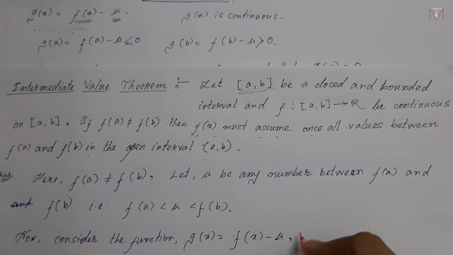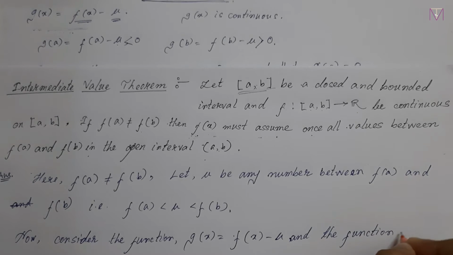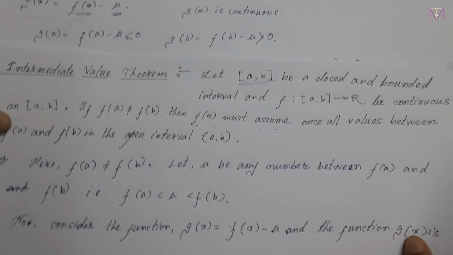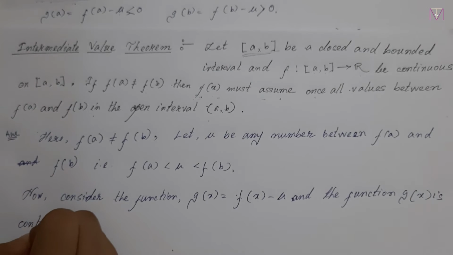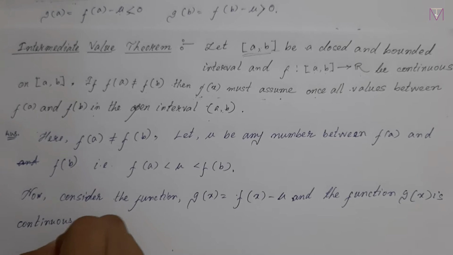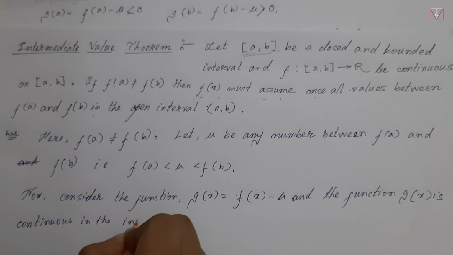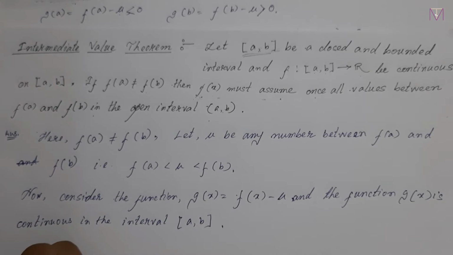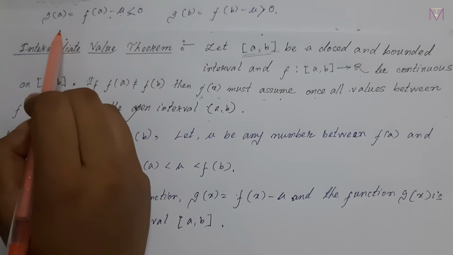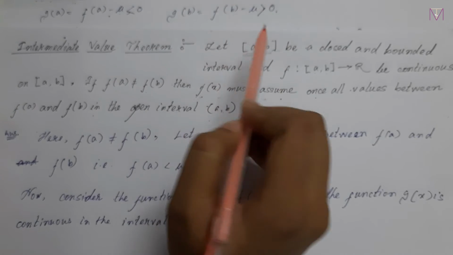So g(x) is continuous in the interval [a, b]. Then we put the values x equal to a and x equal to b.